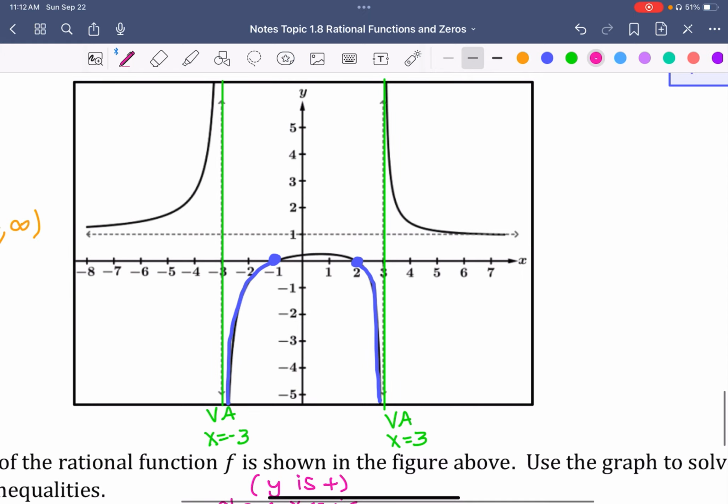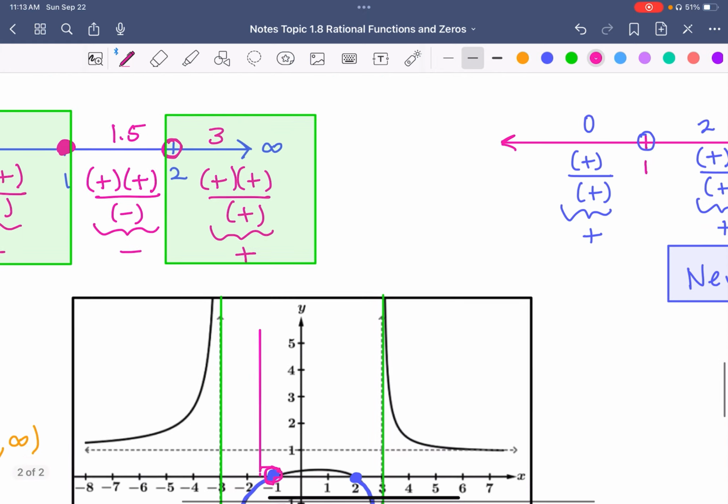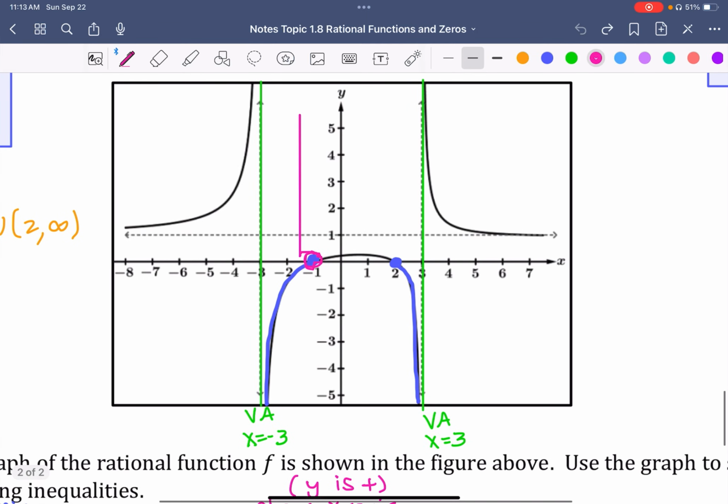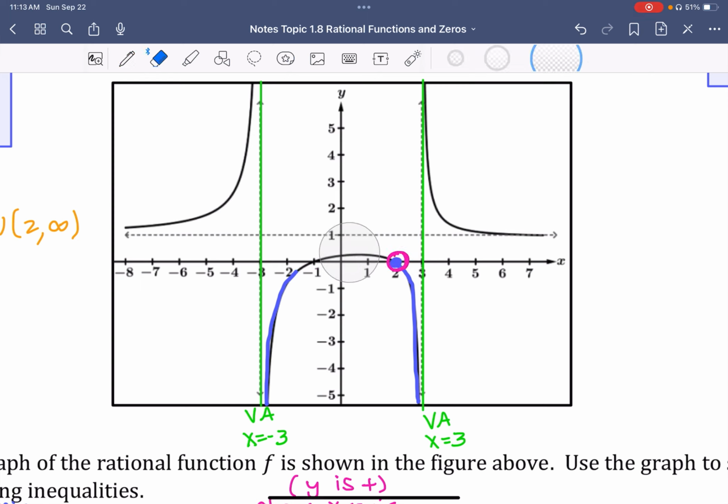So even though we included these zeros in the last question, for this question, we will not be including these zeros, okay? And then we are including everything that is above the x-axis, so I'm going to trace everything above in pink.